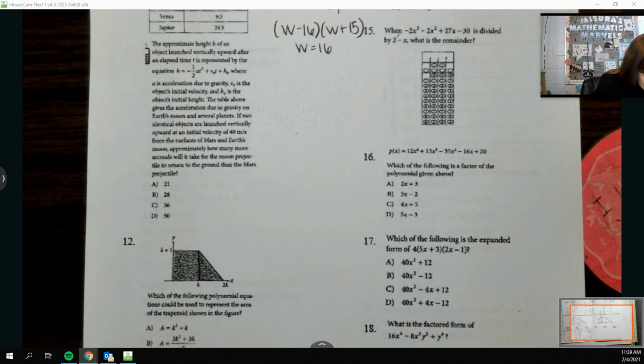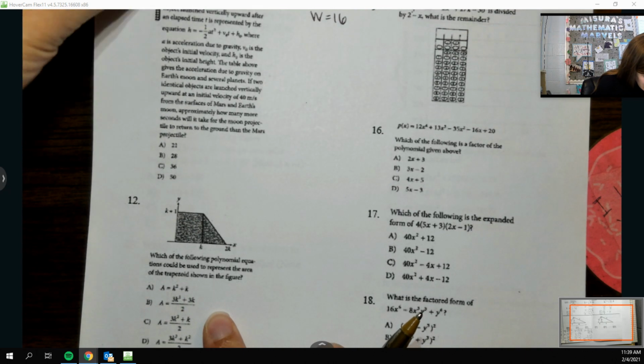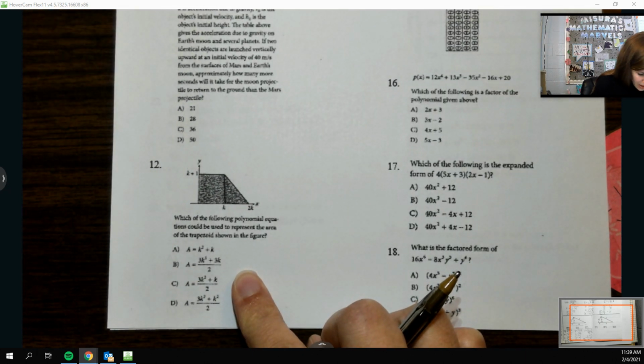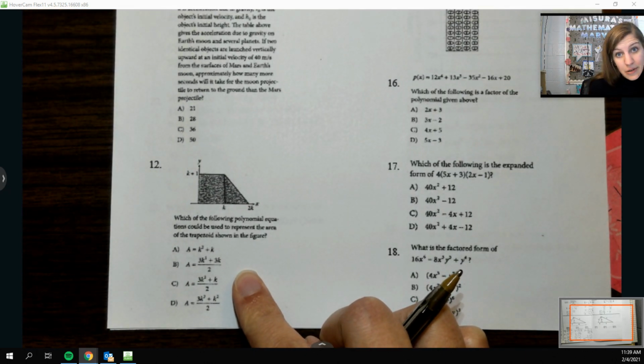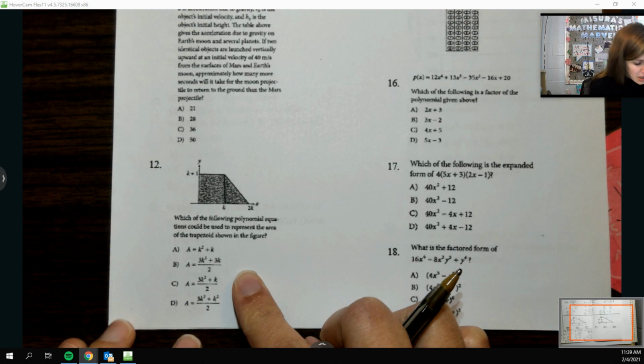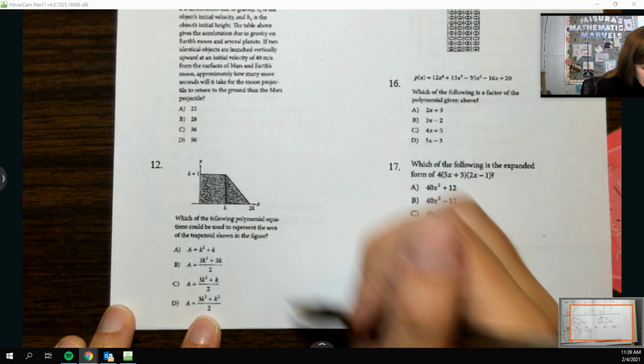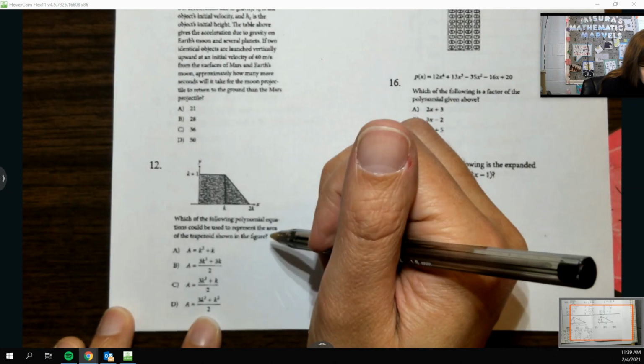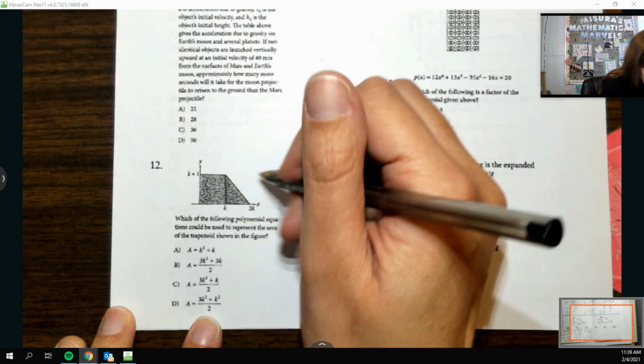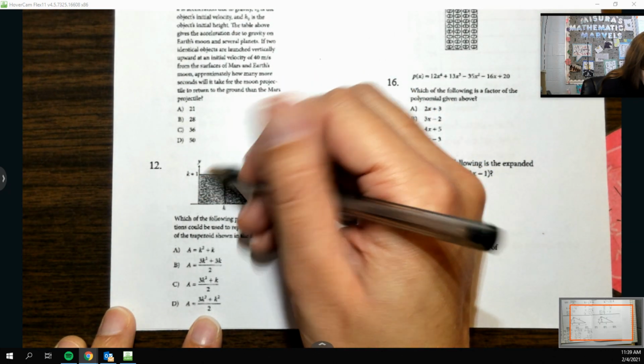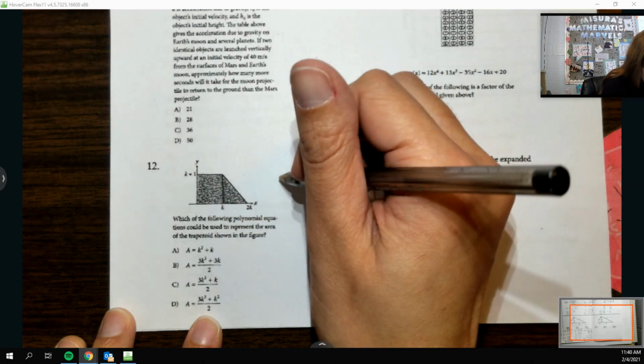Which of the following equations could be used to represent the area of the trapezoid? Well, there is an area formula for trapezoid that I think they might give to you, but you could also think of it as a square plus a triangle. So the square, is that k plus 1, I think? I guess it's not really a square, it's a rectangle.